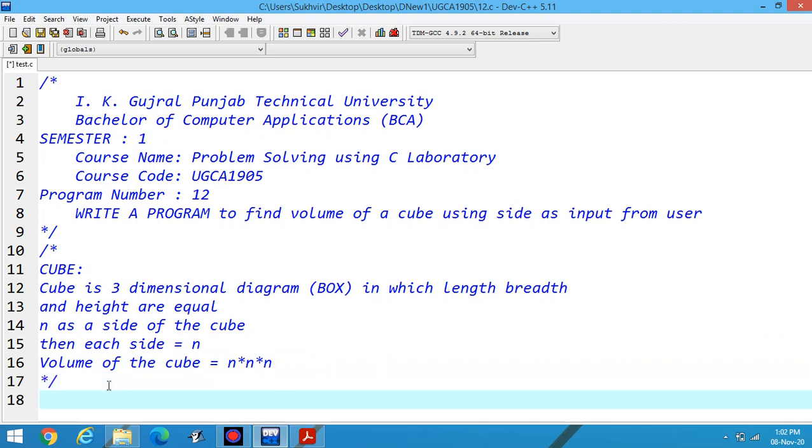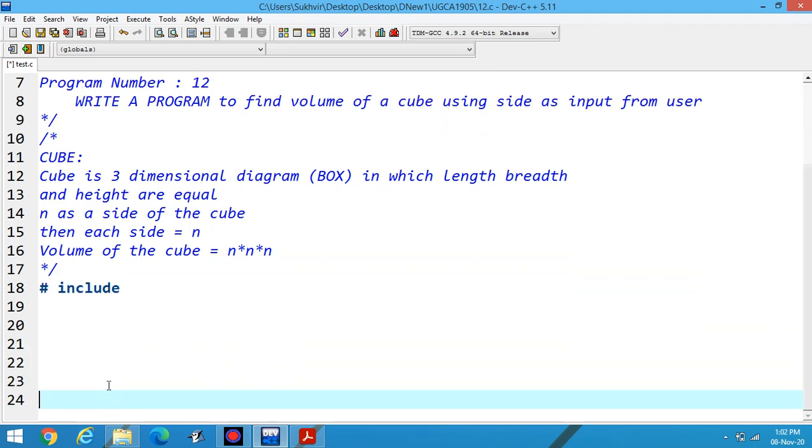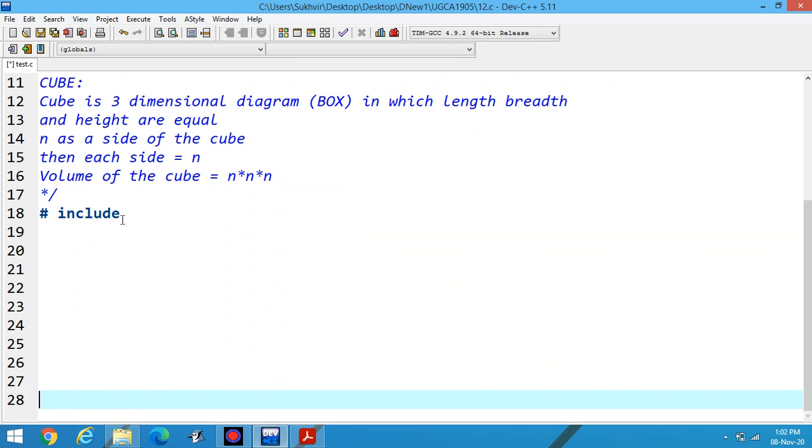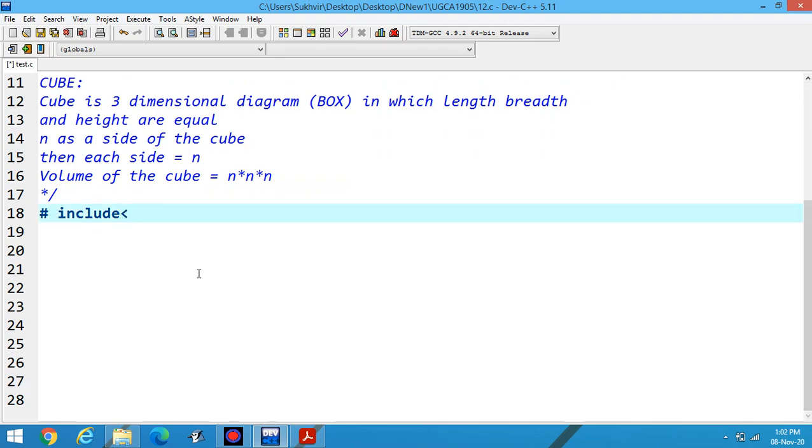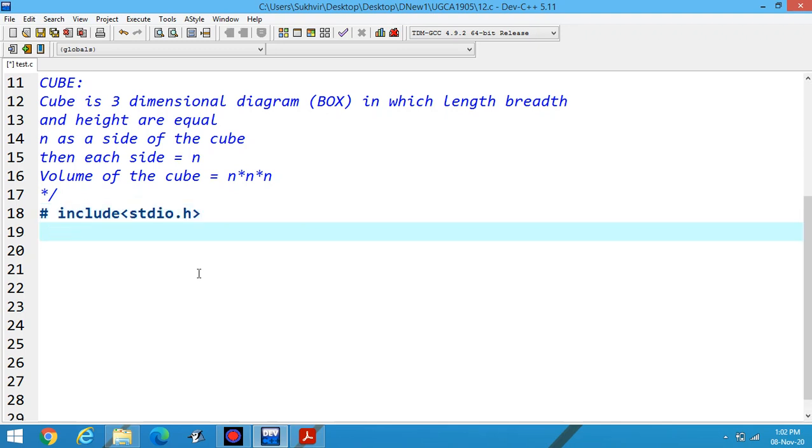Now what about the program? What are the necessary header files required? Include stdio.h for printf and scanf.